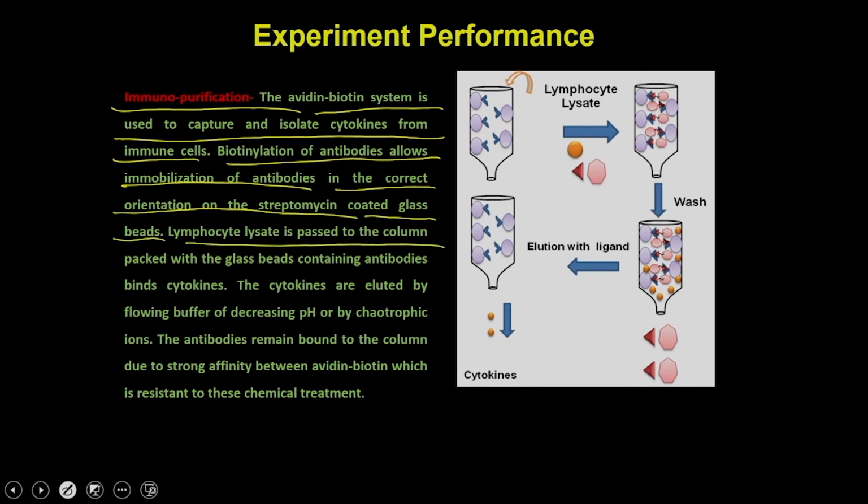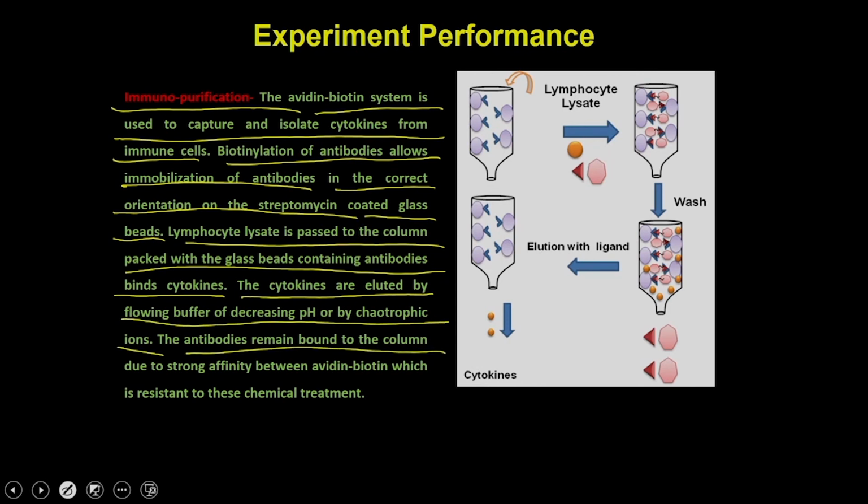Lymphocyte lysate is passed through the column packed with the glass beads containing antibodies, and the antibodies bind cytokines. The cytokines are eluted by flowing a buffer of decreasing pH or by chaotropic ions. The antibodies remain bound to the column due to the strong affinity, which is resistant to these chemical treatments, and ultimately you are going to get the cytokines.